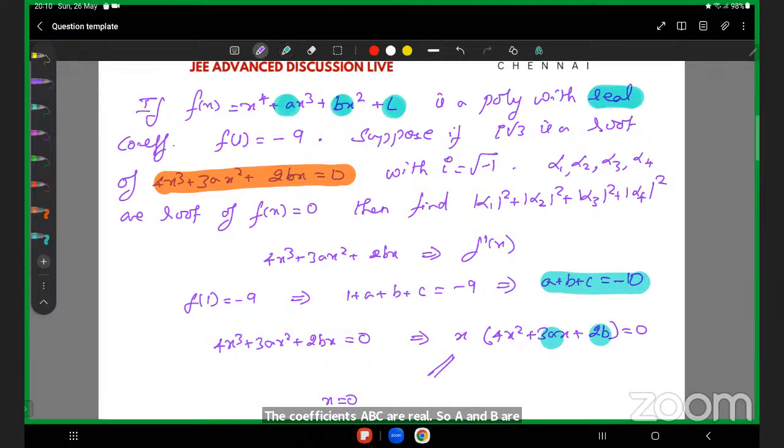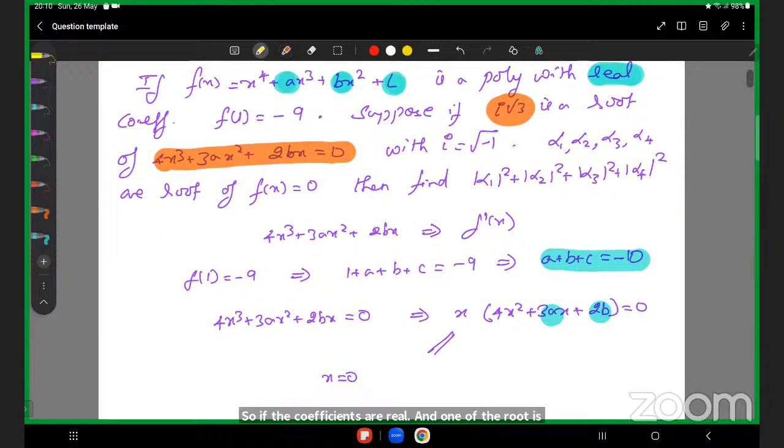If the coefficients are real and one of the roots is i root 3, what must be the other root? The other root must be minus i root 3.